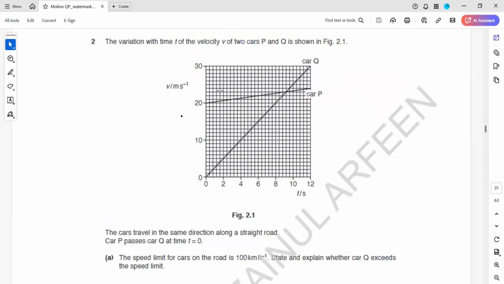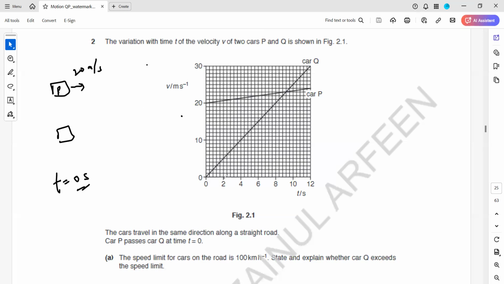This is like two cars which are passing each other. When we start to observe them, at time t equals 0, the two cars are passing each other. The speed at which car P was moving at time t equals 0 was 20 meters per second.